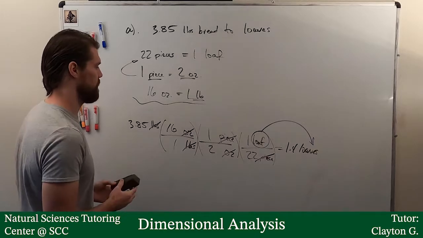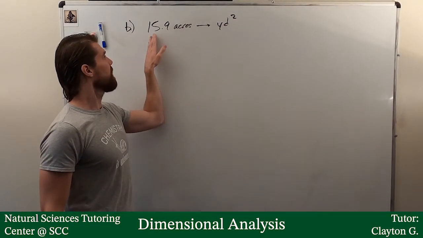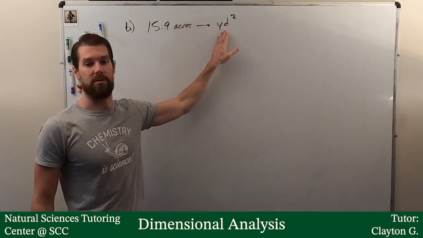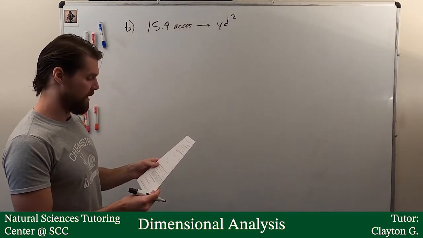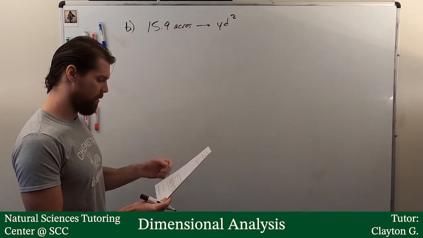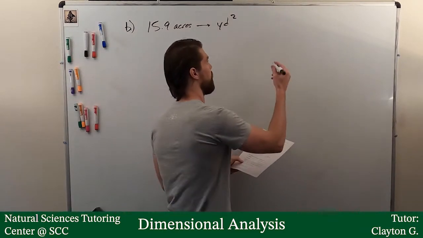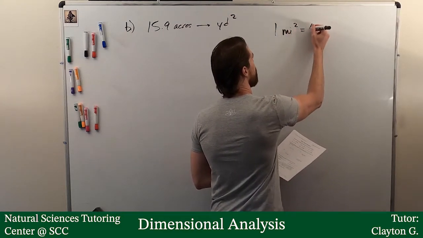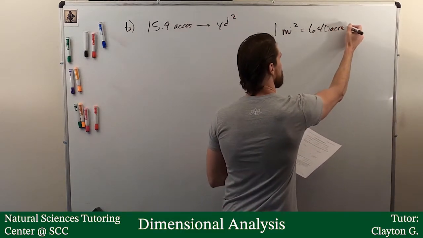Let's move on to the next one. Okay, so for the second one, we are converting 15.9 acres into yards. So here, the tools that would be helpful, let's see, what do we have on our table? I have 1 square mile equals 640 acres. So 1 mile squared equals 640 acres.